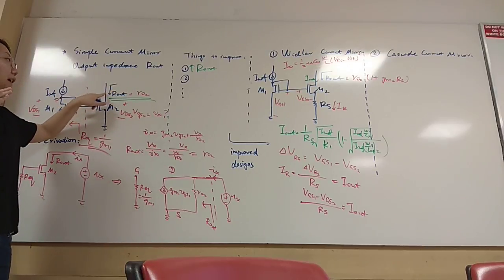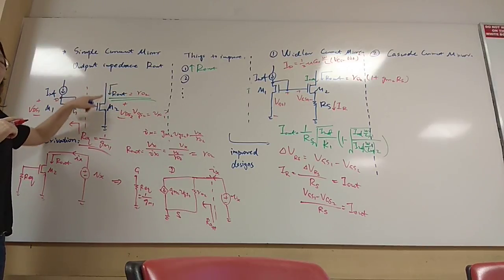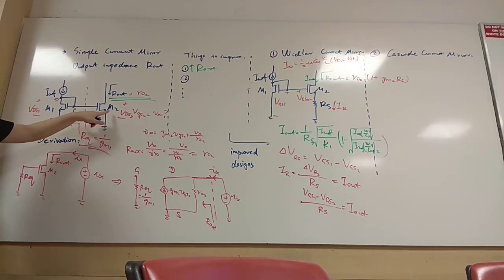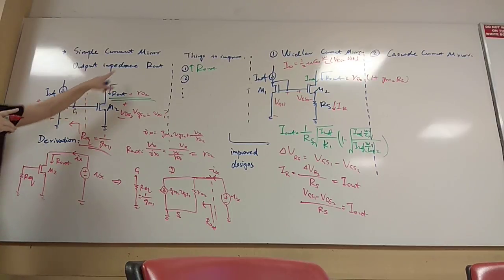The external circuit will define what's the voltage at this D. So your VDS2 is actually depending on the external circuit. So what's the problem about this? Is your VDS2 may not be equal to your VDS1. Because the VDS1 is always VGS1. It's a fixed value. But this VDS2 is depending on the external circuit.